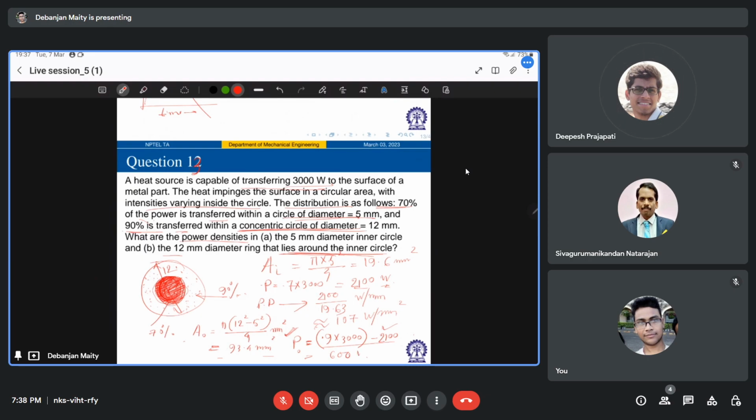Yes. So this is coming as 600 watt. Anyhow, this is much smaller for this outer region. So for the outer region, your power density will be 600 by 93.4, whatever it is coming, watt per mm square. Is this okay now? Yes.